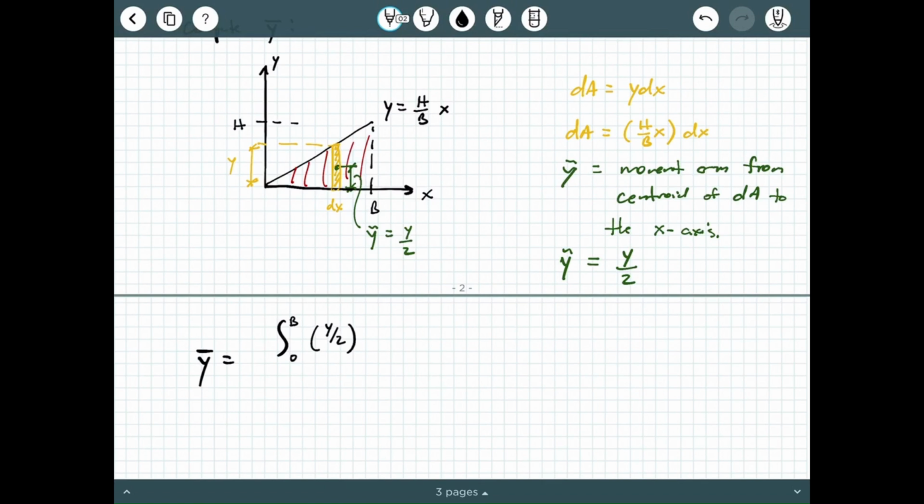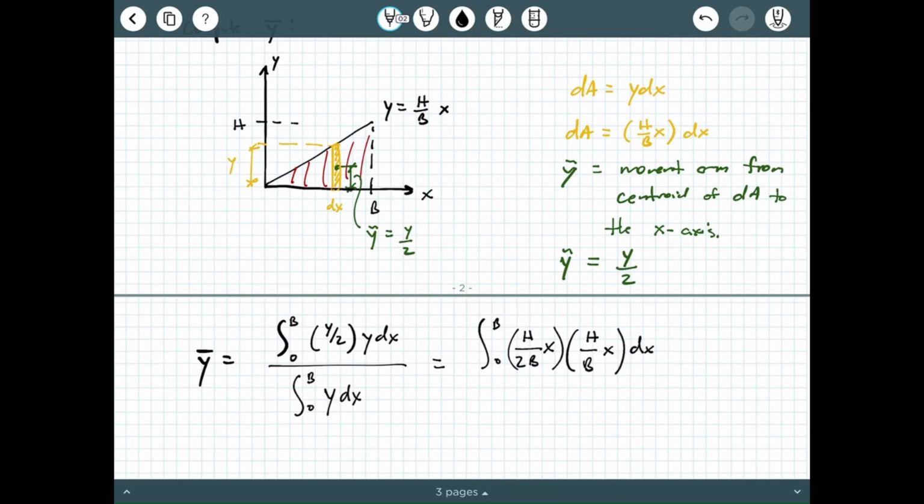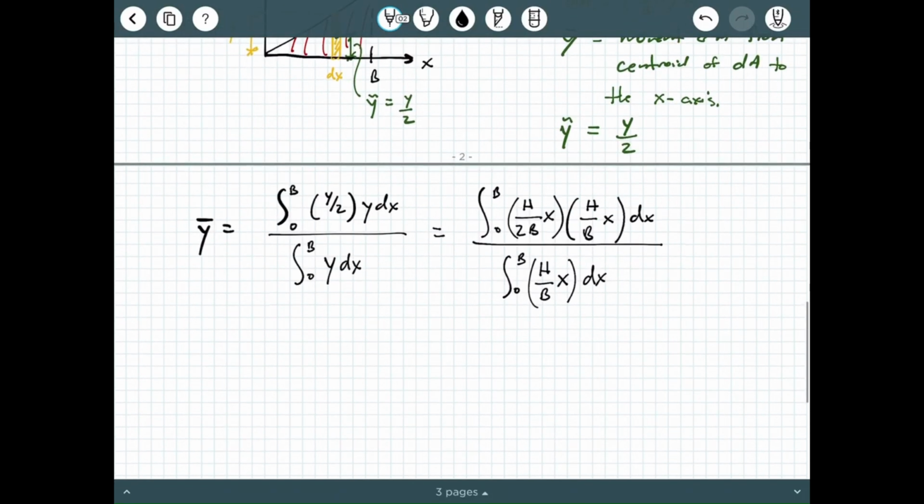And so then we have y over 2 times y dx, divided by the integral of dA, so it's y dx. And we know the function for y, so it's the integral from 0 to b of h over 2b times x times h over b x dx, and this denominator is the same as what it was for x bar, h over b x dx.